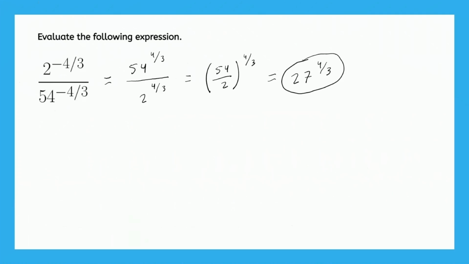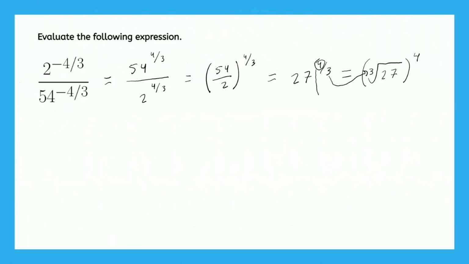I think it's worth trying to convert this expression to a radical expression and see if that will simplify things even more. So the denominator of the fraction that was our exponent became the index of our radical, and this 4 could go two places, and both places would be the correct placement.